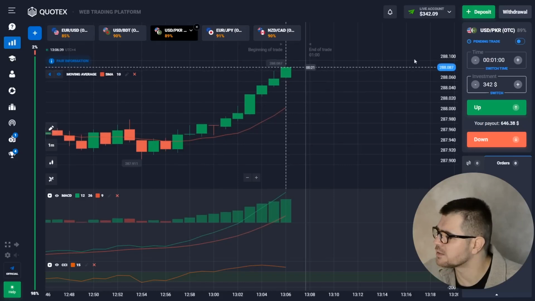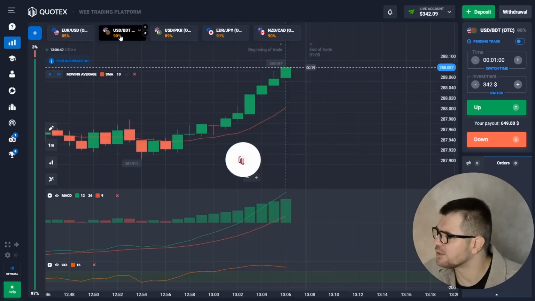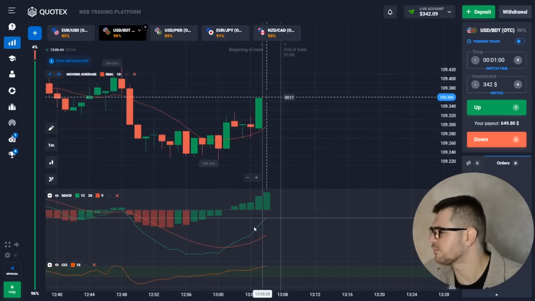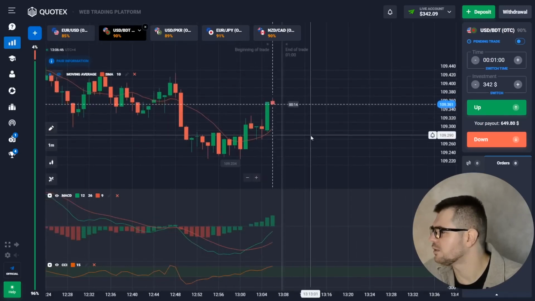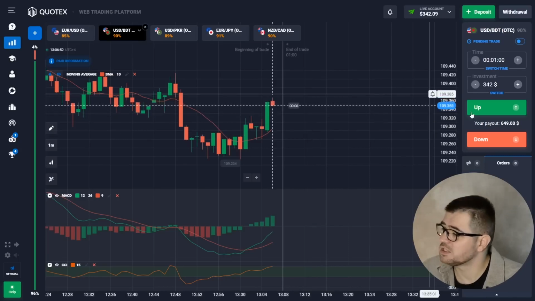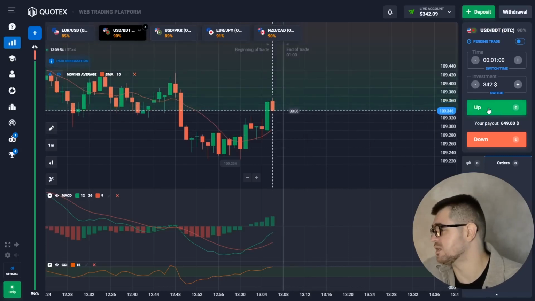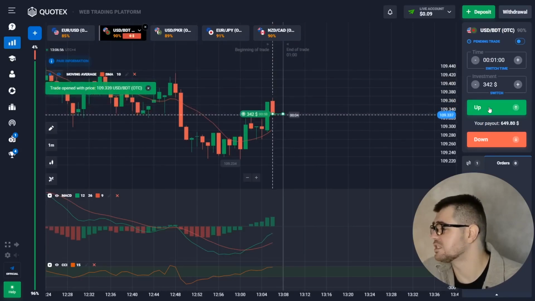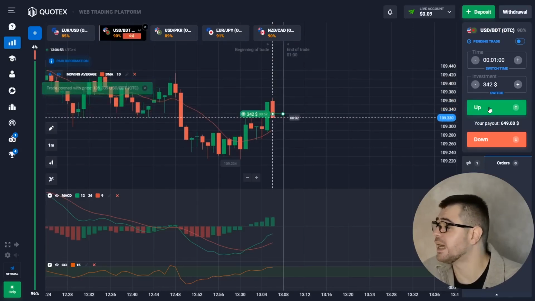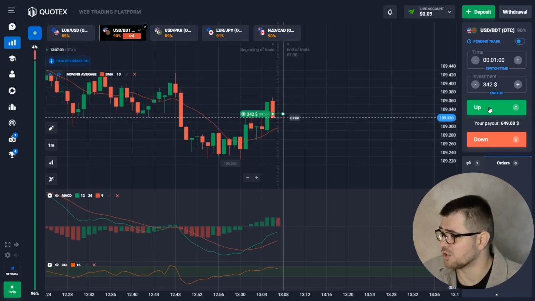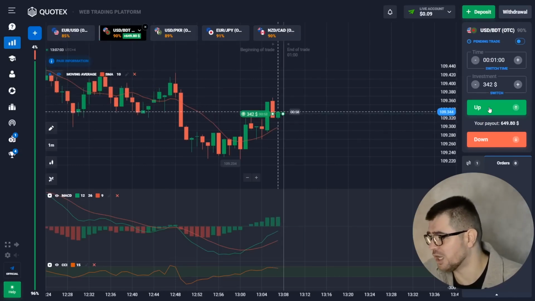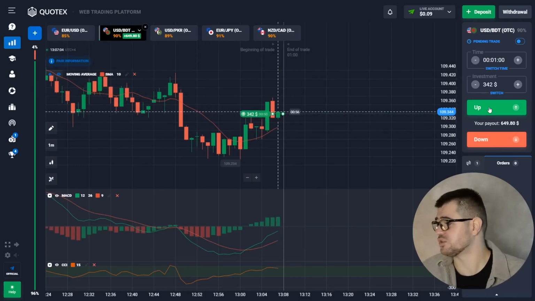and check out this one here maybe. Okay. I mean, this is also a strong bullish trend. There's some pullbacks, but we're gonna go ahead and do a call option, $342, and we're gonna wait for the result of this.